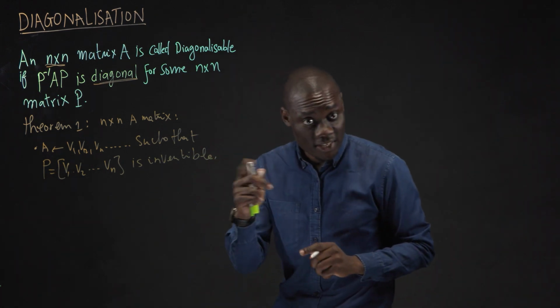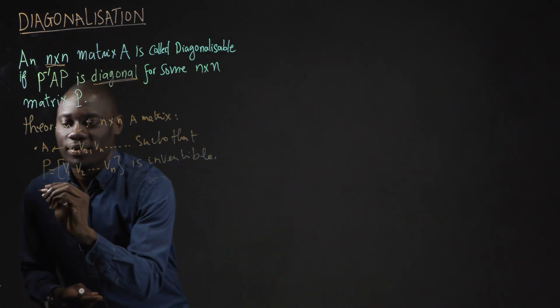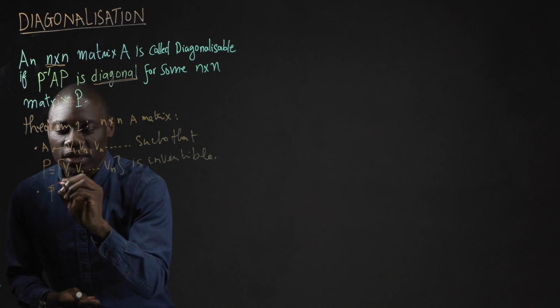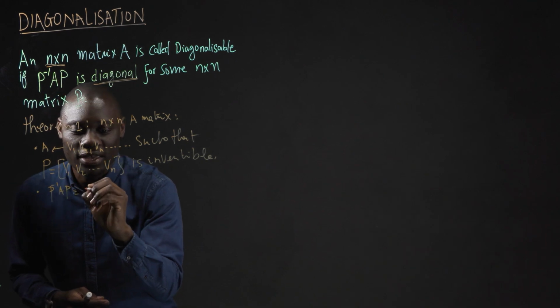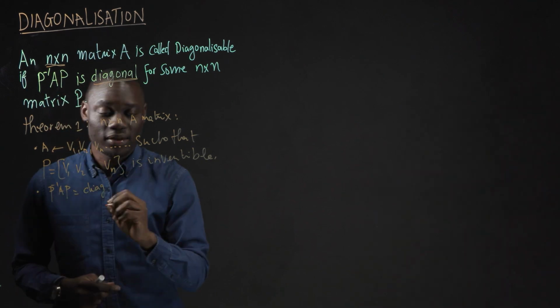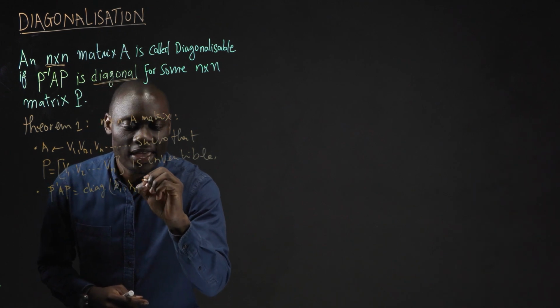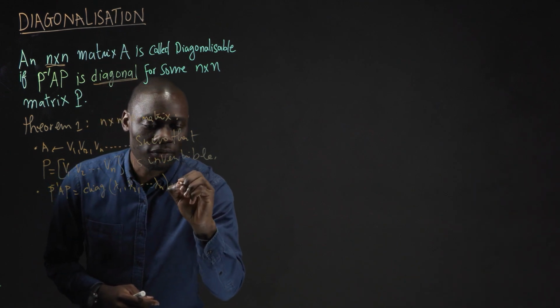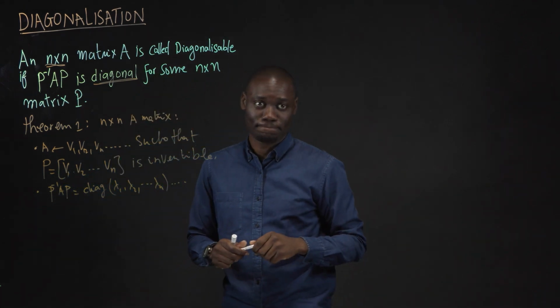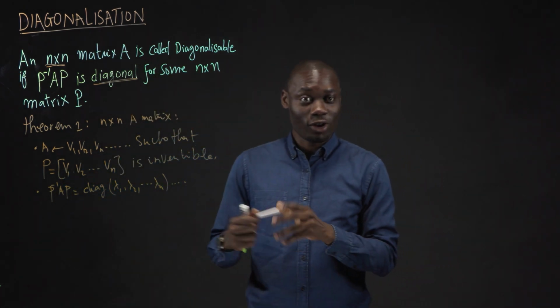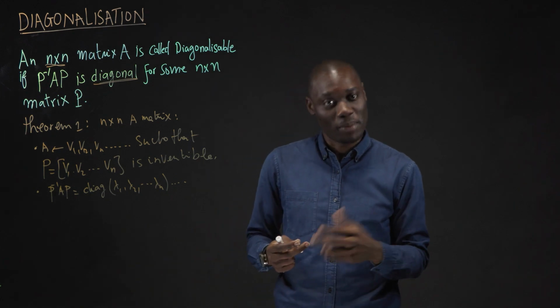If this is the case, then P inverse AP is diagonal of the eigenvalues of matrix A. Now, these concepts are very important for you to master.